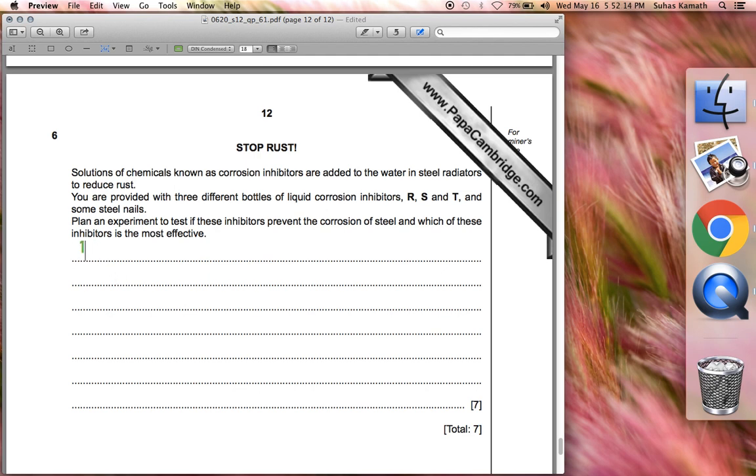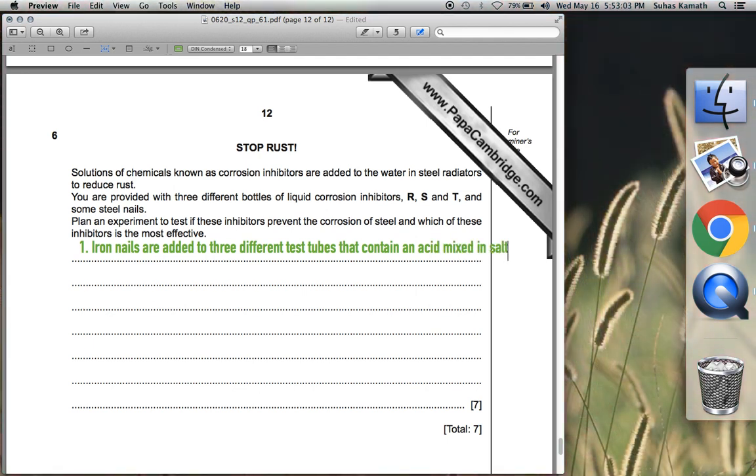So number 1, we begin here. Iron nails are added to 3 different test tubes that contain an acid mixed in salty water.